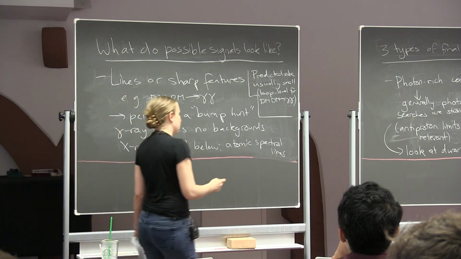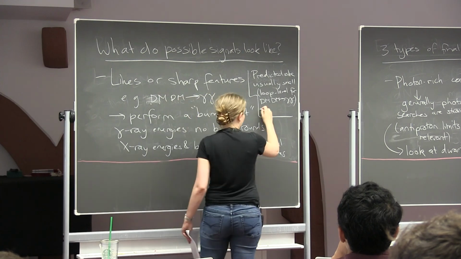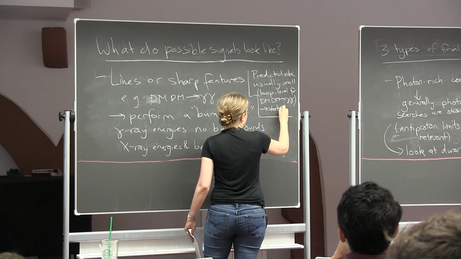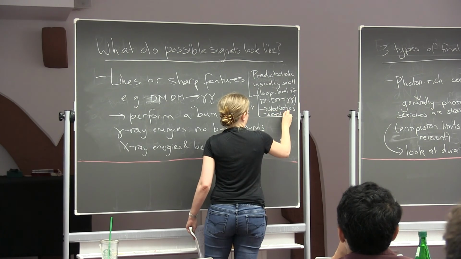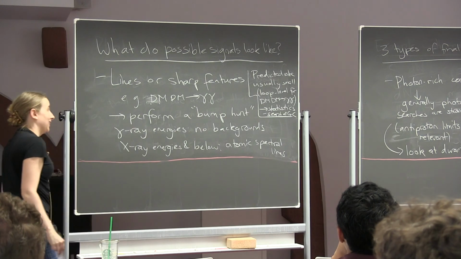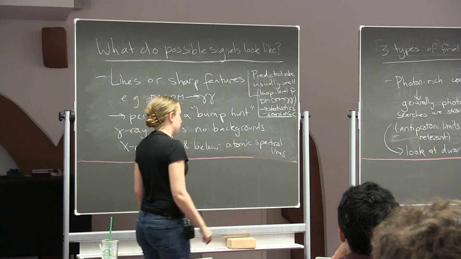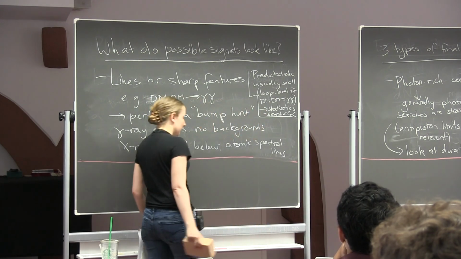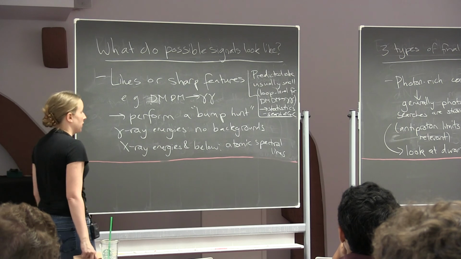So this means the backgrounds for this are low, the rates are typically very small, everything depends on statistics. So often for these signals, you want to search at the galactic center because the backgrounds there are pretty challenging, but if we're lucky and the dark matter density rises there, the event rate could potentially be very high.